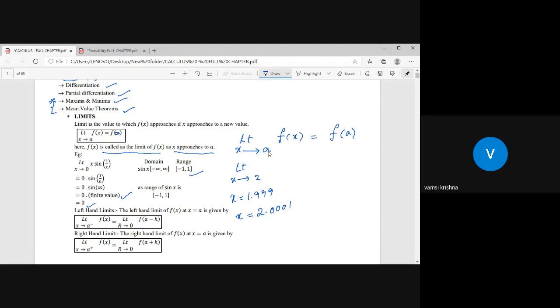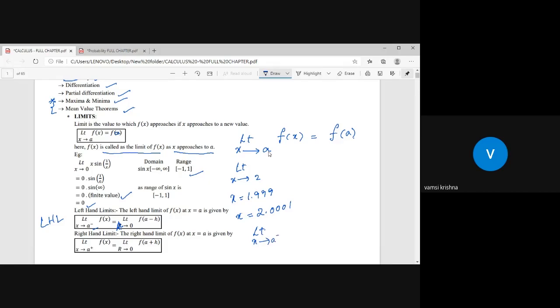Yes. Now let's take the left hand limit, LHL. The left hand limit of f of x at x is equals to a is given by limit x tends to a minus f of x, which is equals to limit h tends to 0 of f of a minus h. When you talk about the left hand limit, limit x tends to a minus, what is meant by a minus?